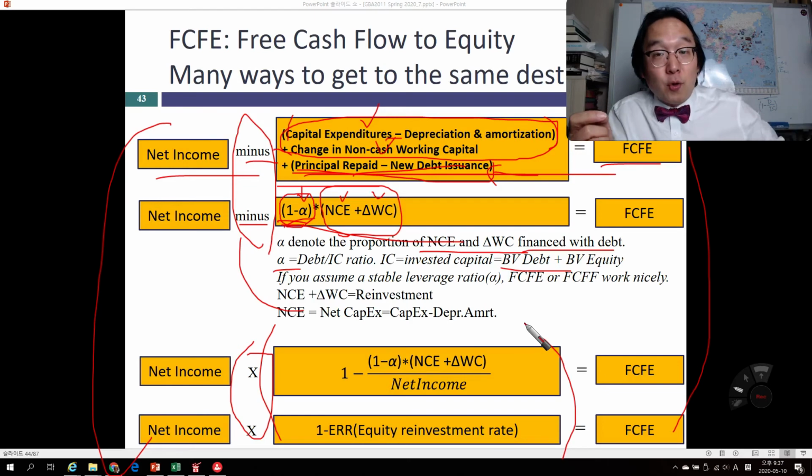I told you before. Notes payable is about commercial papers kind of things, right? 60 days, 30 days, short-term borrowing money. That's notes payable.